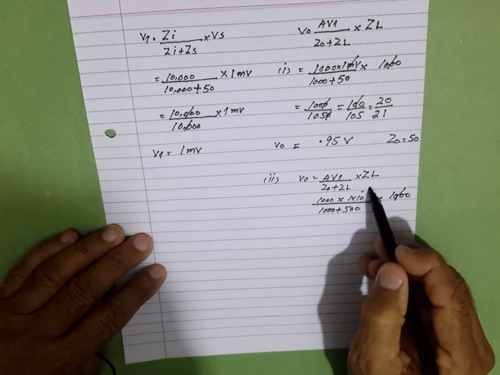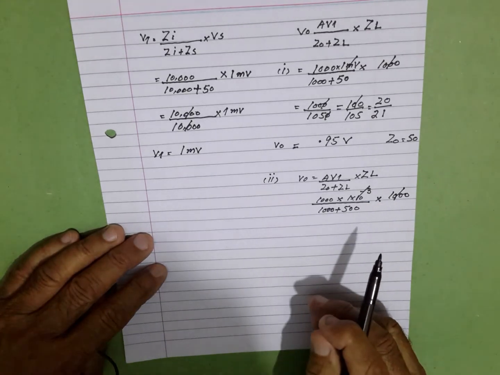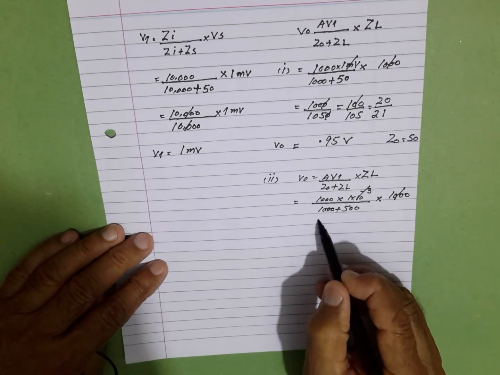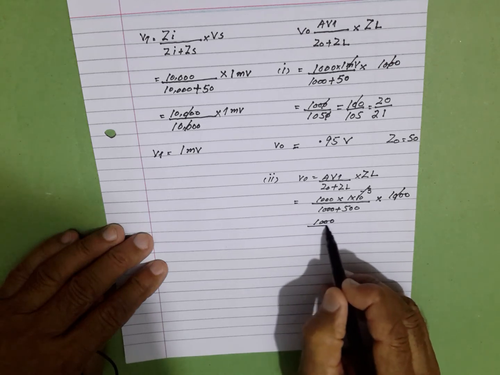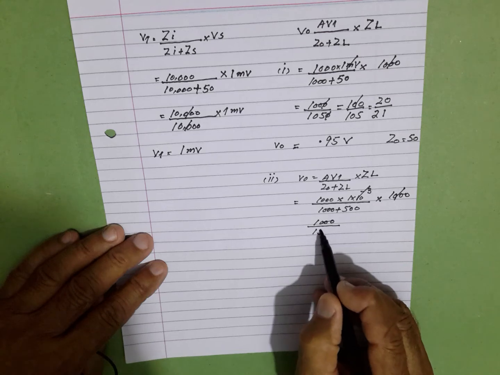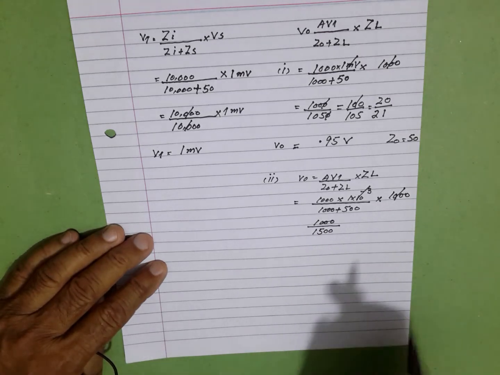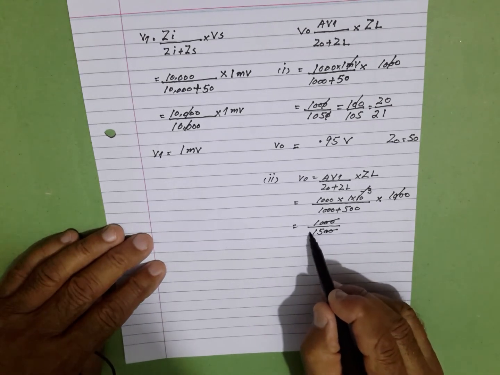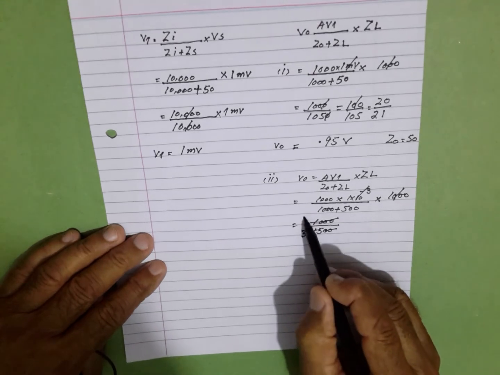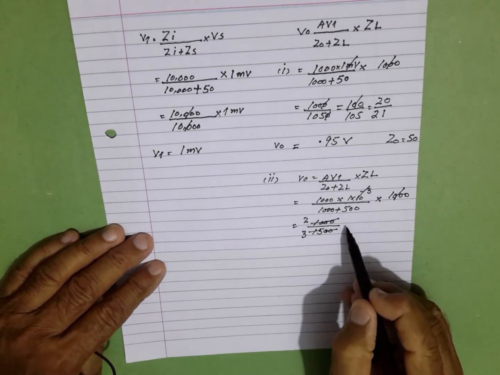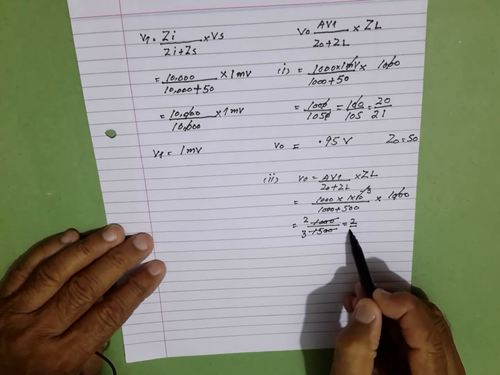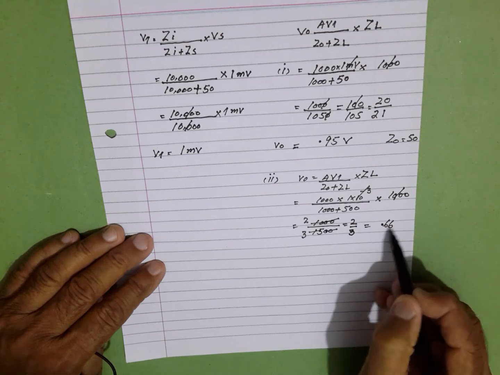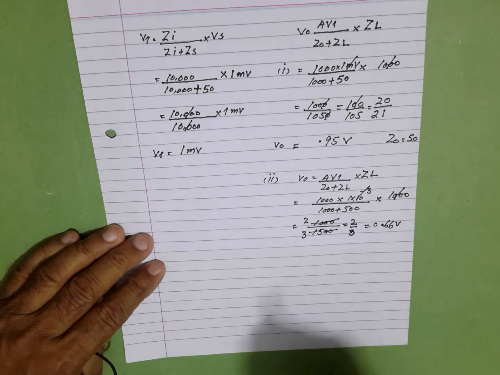This ZL 1000 cancels with this. We have then 1000 divided by 1500, and these two zeros cancel. 5 times 2 is 10, 5 times 3 is 15, which is equal to 2 by 3, and this is nothing but 0.66 volt.